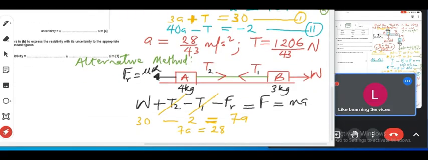Okay. Weight minus frictional force equals MA. 4 plus 3, 7A. Get me A here, first of all. That is 28 over 7, which is 4. I am suspecting that something wasn't done right.